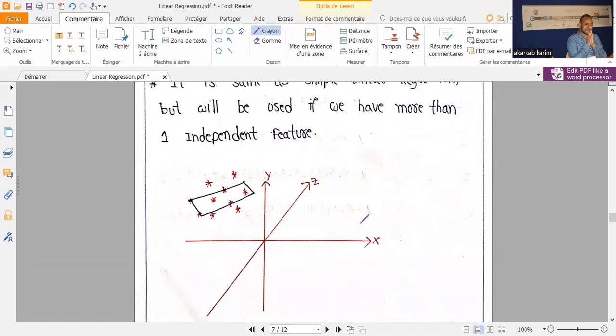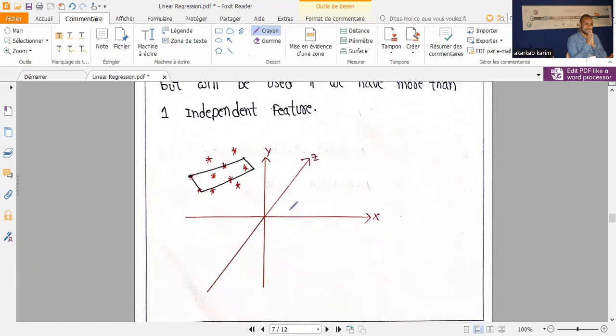In the first scenario we discussed x and y, y as a target and x as the independent feature. But now we add a new feature called z, for example, and the representation graph is called a plane, because if we have features in 3 dimensions, it's a plane.